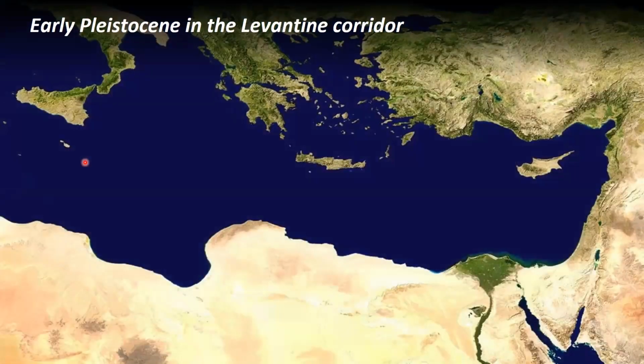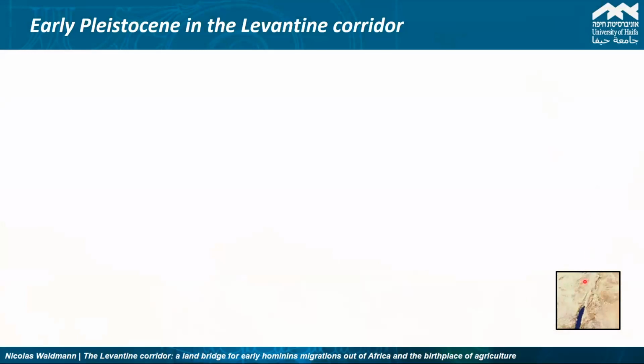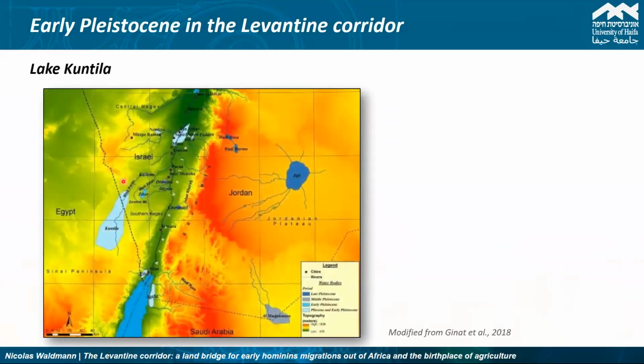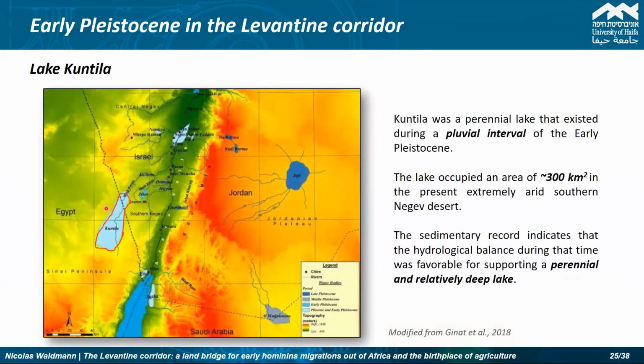So, showing you another early Pleistocene site, this will be from the southern part of Israel, and this is Lake Kuntila. If we see the map of the southern part of Israel during the early Pleistocene, we will see several lakes here: Kuntila, Jaffer, El Madagoara, and Arava. All these remains are lying out there in a region which is absolutely not supportive of those lakes today.